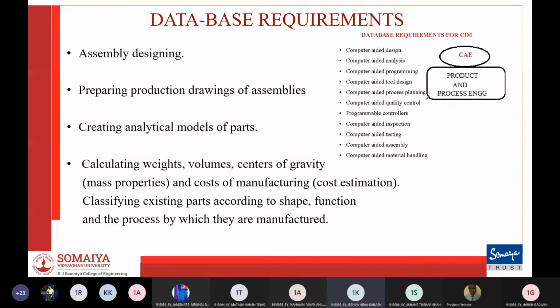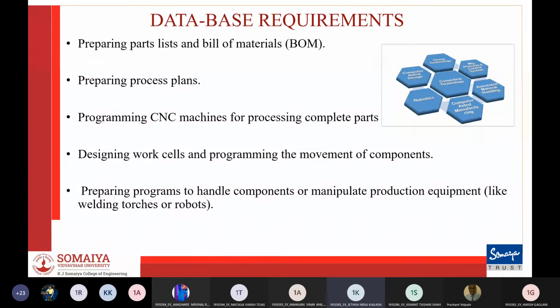Yes, next slide. So for existing parts, the part list and bills of materials are prepared during the manufacturing cycle, and for the final required product, the part list and the bill of materials are prepared.